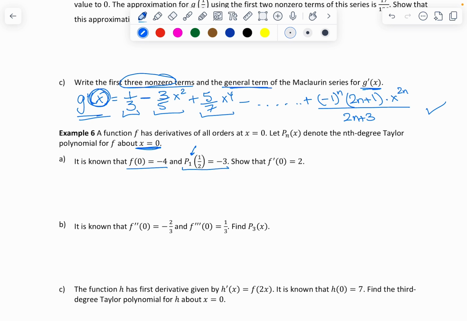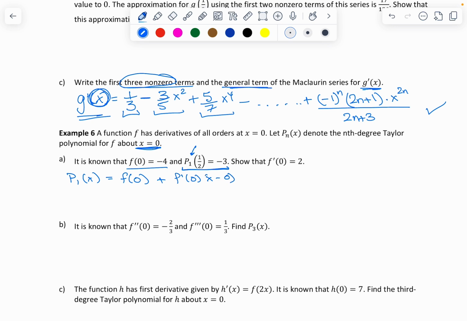Well, because we have P1 is equal to -3, we know that if we write out the Taylor polynomial for P1 of x, that's going to be f of 0 plus f prime of 0 times x minus 0. I don't need that because it's a Maclaurin series.